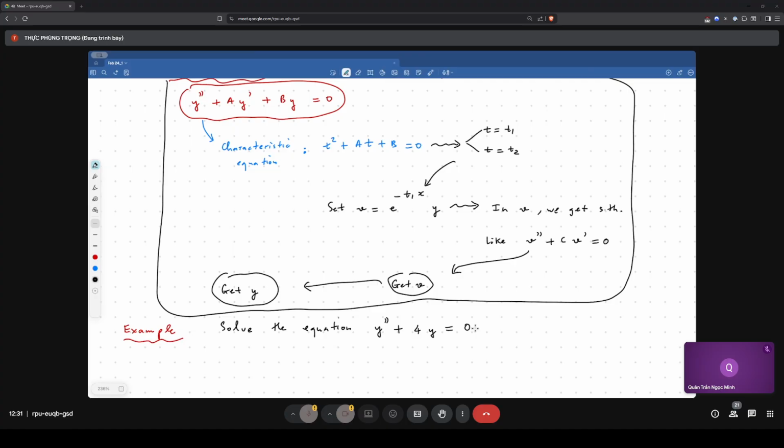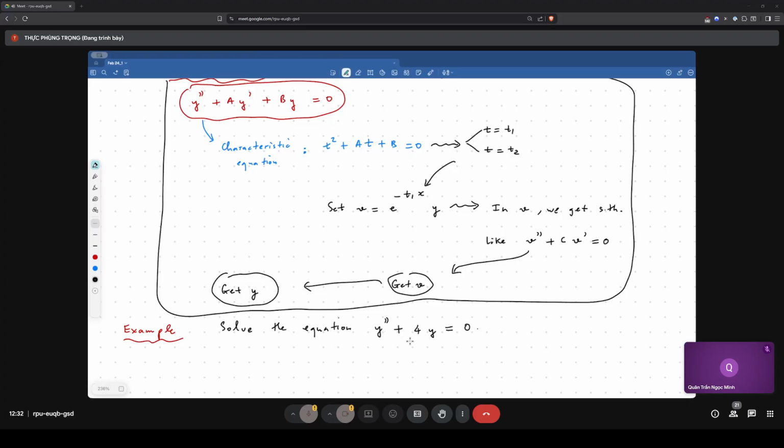First, this is a homogeneous equation because the right hand side is 0. Is it in example number 1? No, because in example 1, you had the second and the first order. Right here, you have the second and the 0 order. So this is something like example number 2.